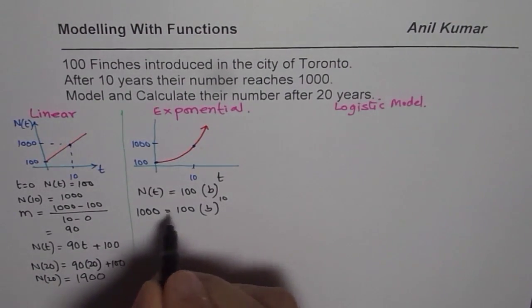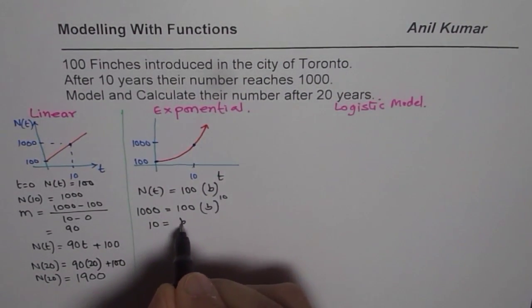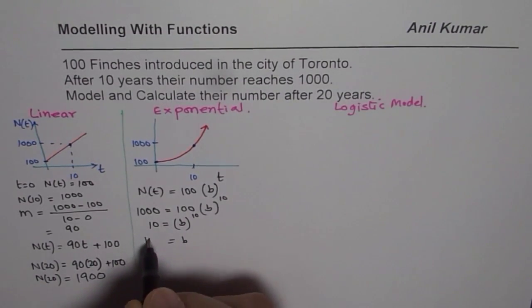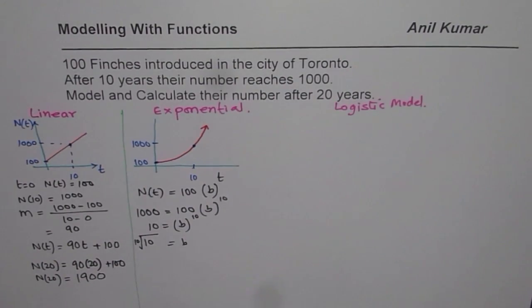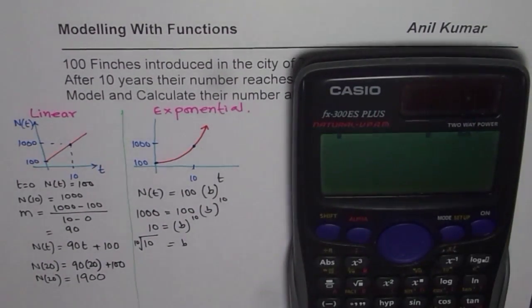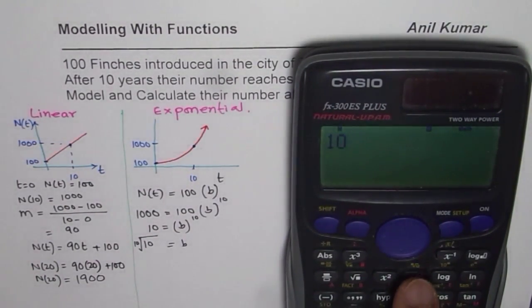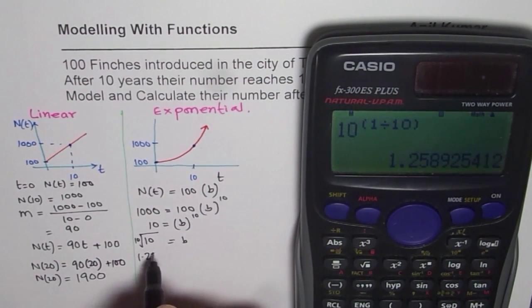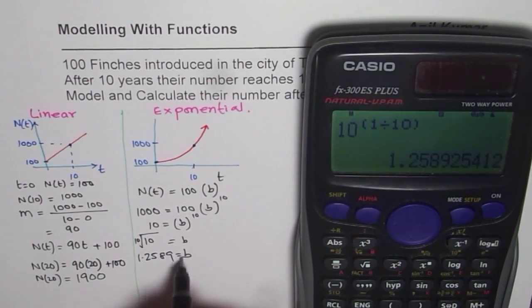So when you divide 1000 by 100 you get 10 equals to b to the power of 10, and from here you can say b equals to 10th root of 10, right? So let me find the 10th root of 10. So that is interesting. 10 to the power of 1 divided by 10. Okay, that is the 10th root. And this number is 1.2589. So 1.2589 is the value of b.